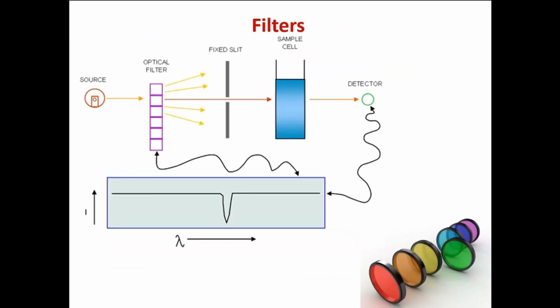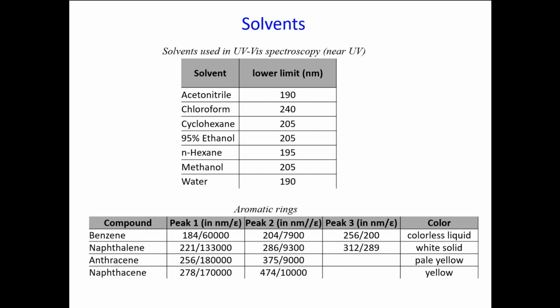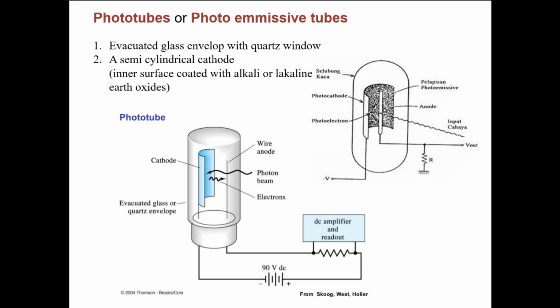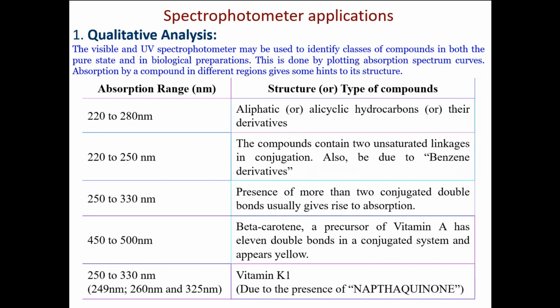Whereas in biological samples also you can characterize the molecules, especially the macromolecules like proteins, carbohydrates, amino acids, fats and nucleic acids. All these things we can characterize by using the spectrophotometer. So the spectrophotometer will help us to identify the compounds either in the pure state, that means the natural compounds, or from the biological preparation. So these two kinds of molecules can be characterized.